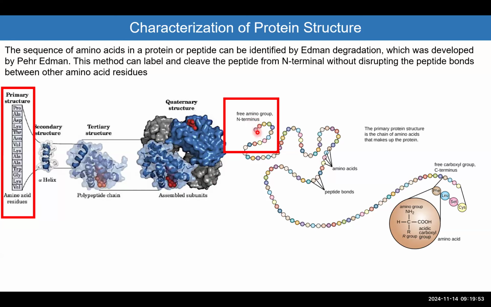The idea is very simple. You would label the first N-terminal amino acid, and then you cleave it, and then you can detect it by chromatography. And you keep doing this more and more till the end of the protein. This is a very laborious process. You need a lot of protein for that.